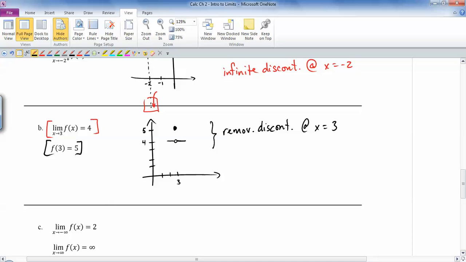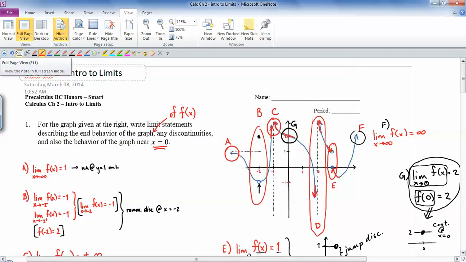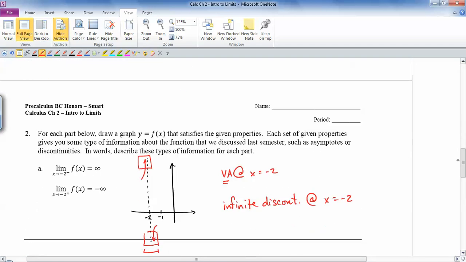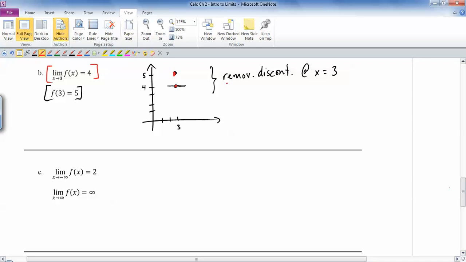Remember, it's called removable even if the function's defined, just because if I filled it in, well, then it's not a discontinuity anymore. I've removed it and made it continuous there. So, okay. Whoa, that is not what I wanted to do. All right. So let's look at C.